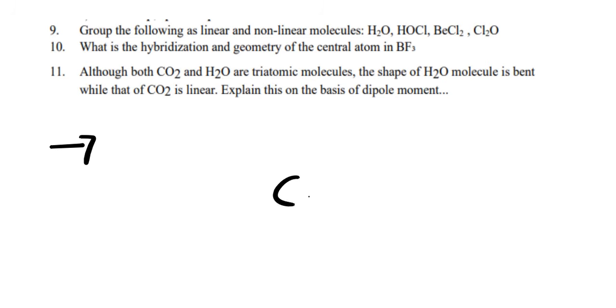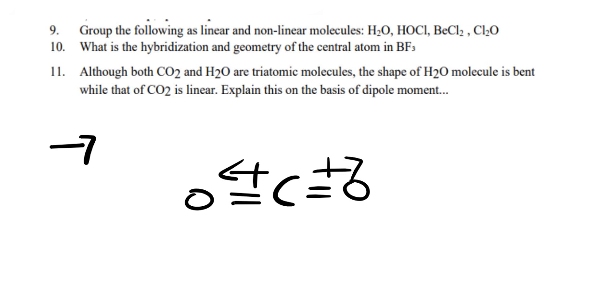If this is your carbon and this is your oxygen, like that, oxygen is going to be pulling electrons towards itself. Because they are pulling electrons with the same force in different directions, the dipoles are going to cancel out each other. So the net dipole moment of this one is 0. So we are not going to have a bent structure in this case.